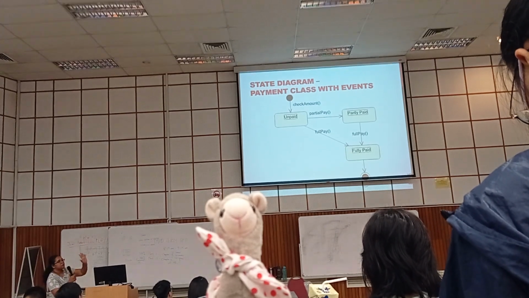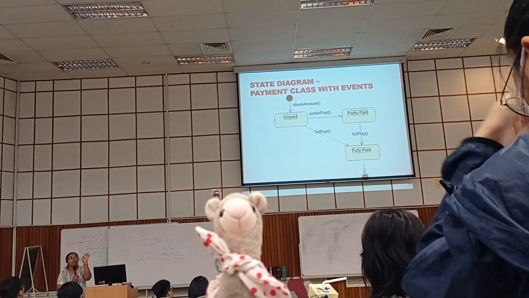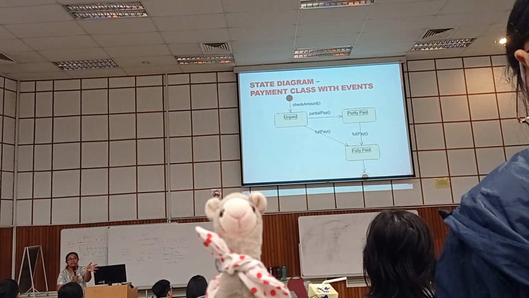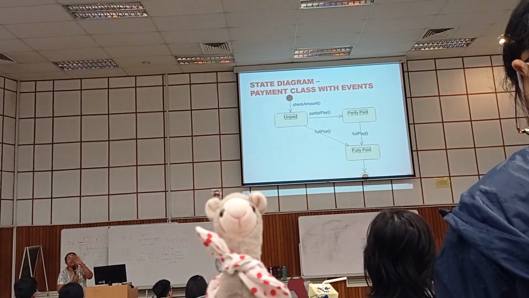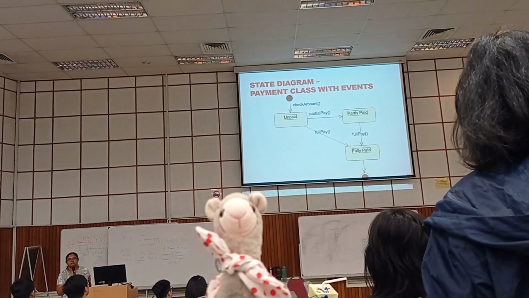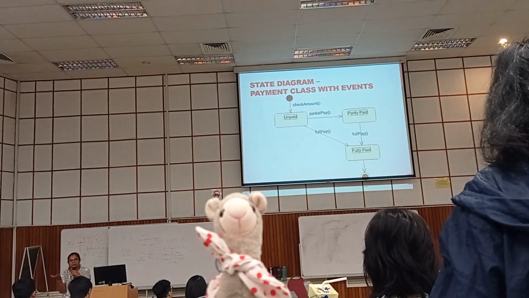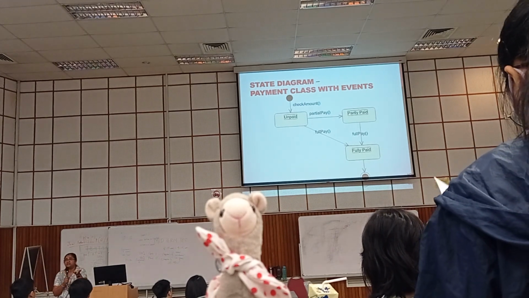So payment. First of all, how to do it in the exam? Identify all the states. For any transaction or any purchase, what are the possible statuses of payment? Paid, unpaid, pending. Okay? Pending and unpaid, any difference?